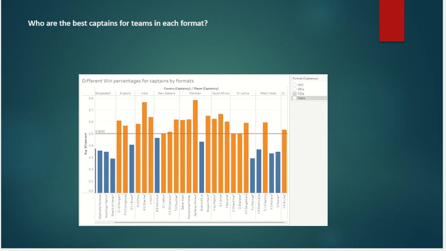The above representation shows the best captains for all formats. Columns with orange color indicate captains who have a win percentage of 50% and above, and those with blue color indicate captains with a win percentage of less than 50%. There are only a few captains who are successful in all three formats.